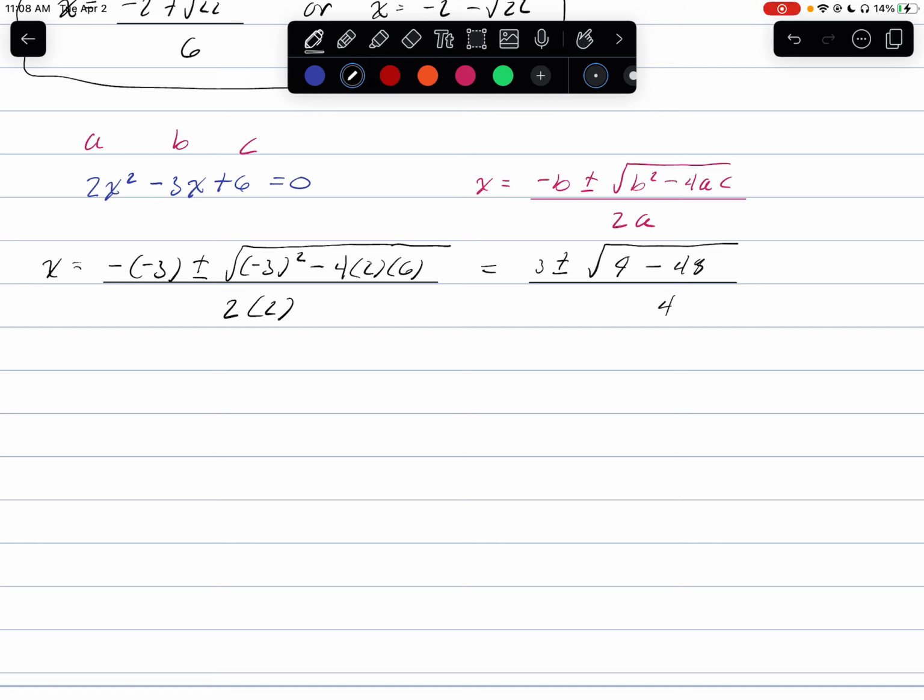Okay, so now let's see what we can do here. We're going to have 3 plus or minus the square root of 9 minus 48, which is negative 39, all over 4.